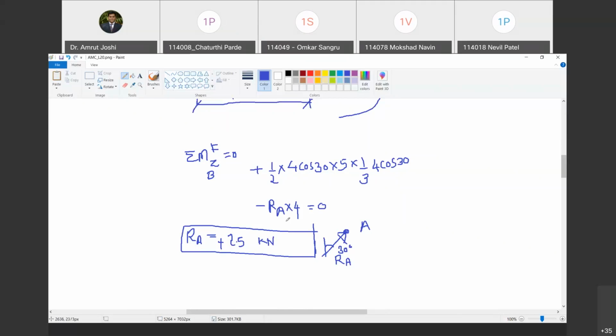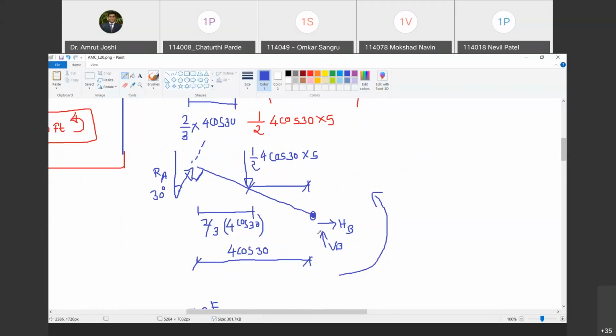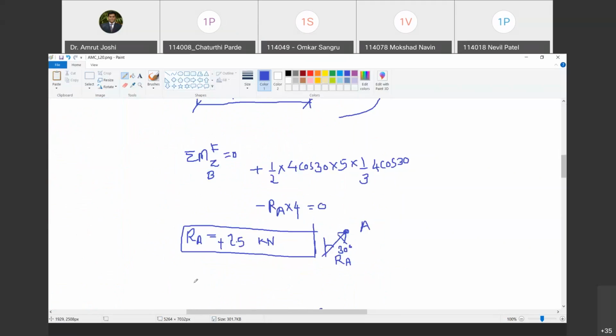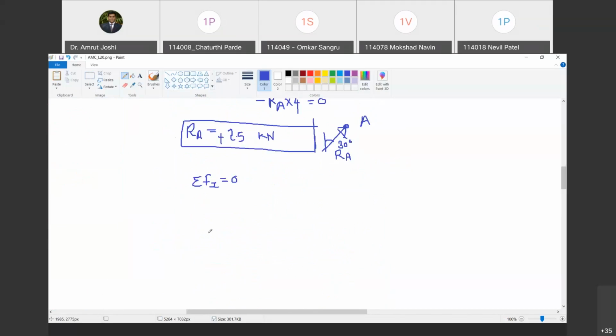This is the answer. Now, what else is to be found out? I need to find out HA and VB. Do you agree with me? Yes, sir. Now, summation Fx equal to 0 will give me what? Now HB will not be 0. Look, RA sin 30 is the horizontal component of RA. Do you agree with me?